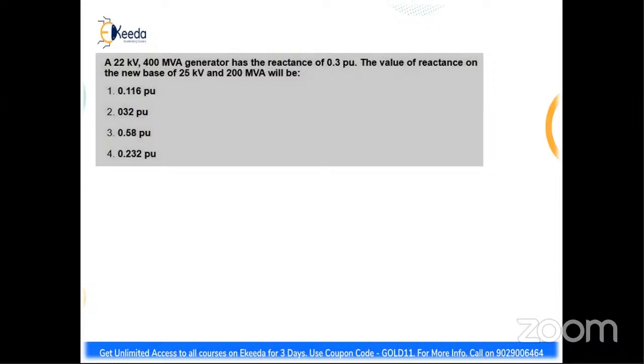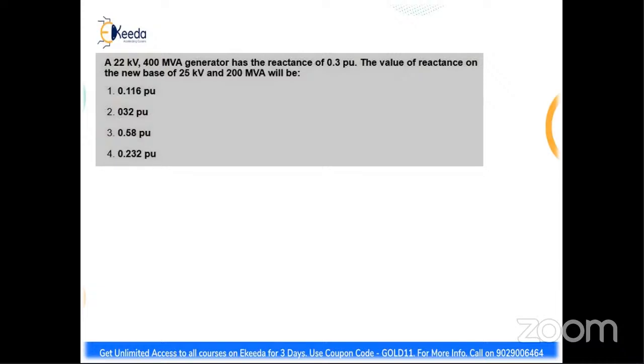Coming to the first problem: a 22 kV, 400 MVA generator has a reactance of 0.3 pu.